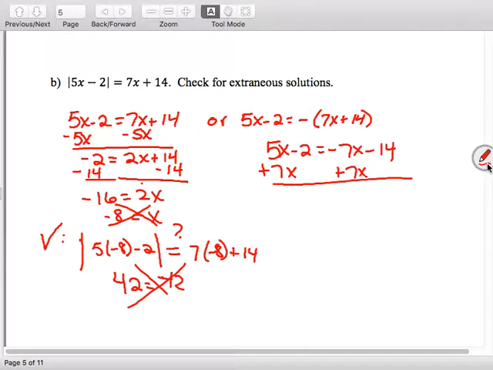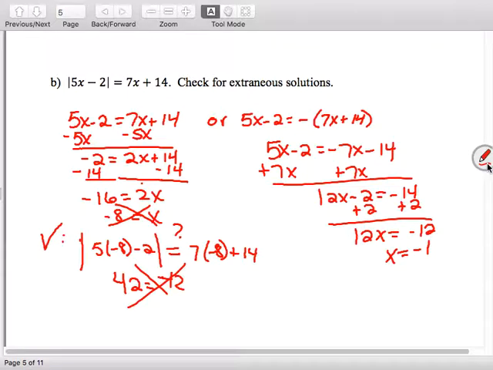Adding 7x, I get 12x minus 2 equals negative 14. Adding 2 to both sides of the equation, I get 12x equals negative 12. So x is negative 1. I see what I did wrong.